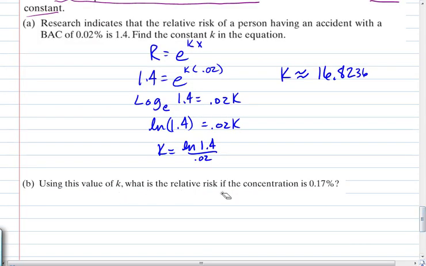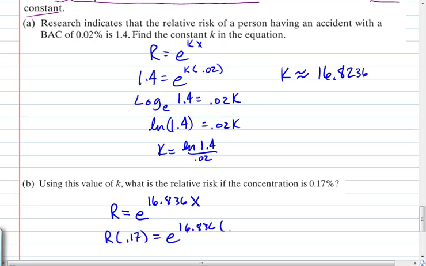Using this value of K, what is the relative risk of a concentration of 0.17? So now we're going to rewrite our function R equals e to the 16.8236x. And we're going to plug in not 0.0017, but 0.17 for x, because that's the constant that I'm using. So I'm going to look at R of 0.17.